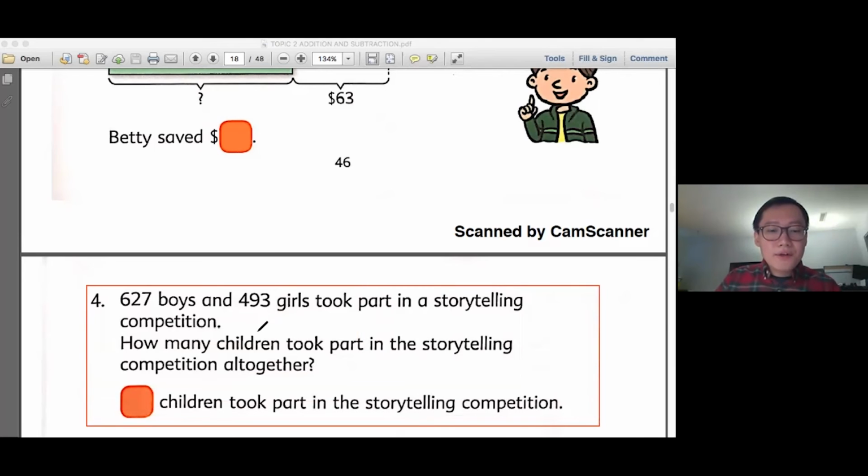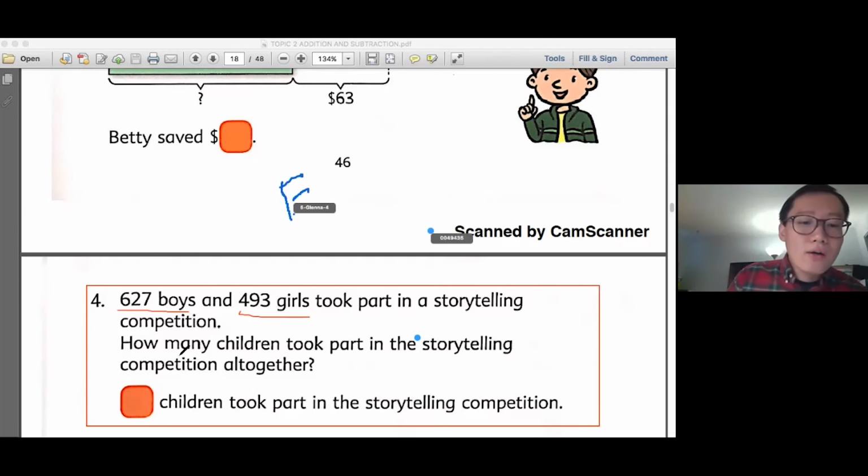Right. So whenever we do word problems, we want to underline the important information, right? Let's see what is considered important. We have 627 boys. That's very important. That's a number we are going to work on. So let's underline that as important. And we have 493 girls.